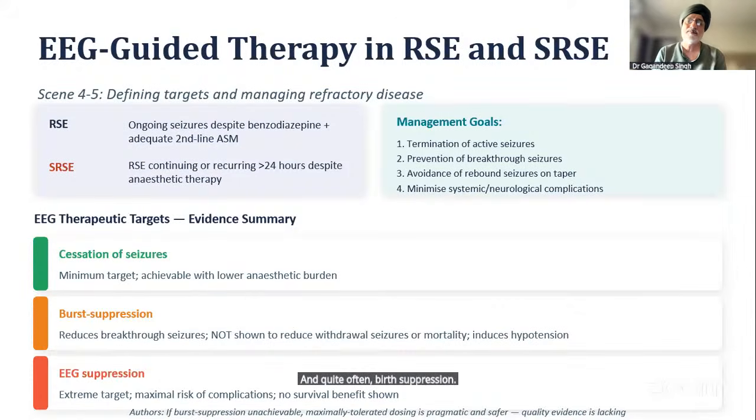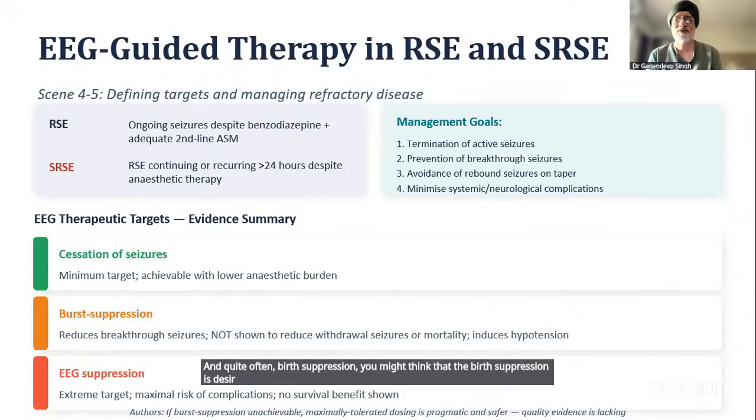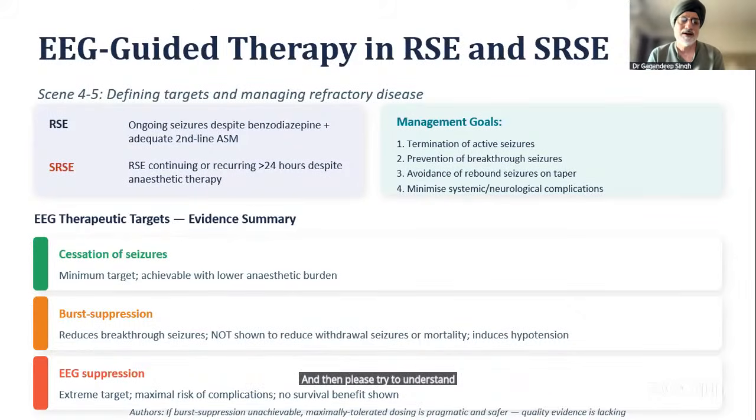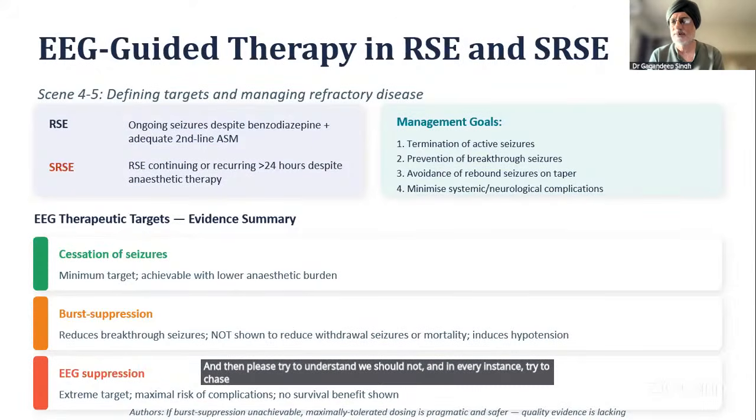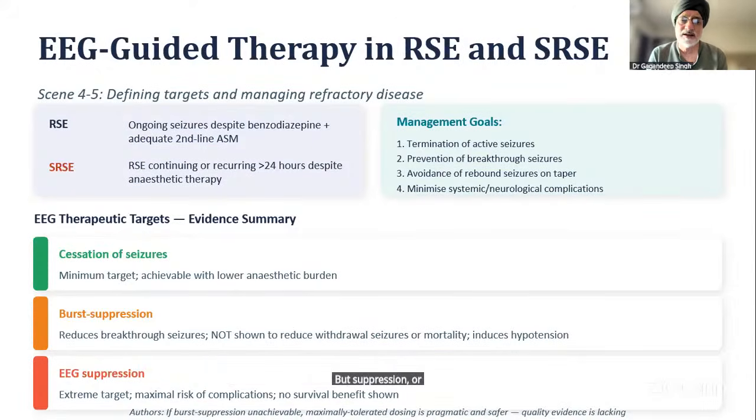You might think that burst suppression is desirable, but it does not happen when you really want it to happen, and it happens when you don't want it to happen. Please try to understand, we should not, in every instance, try to chase burst suppression or keep on increasing the anesthetic dose to achieve it.